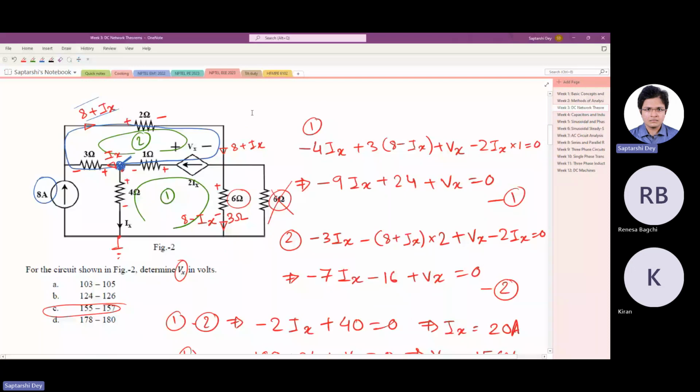Rather, write down the current at all the branches in the circuit itself, and then also write down the voltage drop across all the elements, or maybe the node voltages. Then at all the nodes you verify KCL. In some loops, or maybe all the loops if it is not a very complicated circuit, you verify KVL.